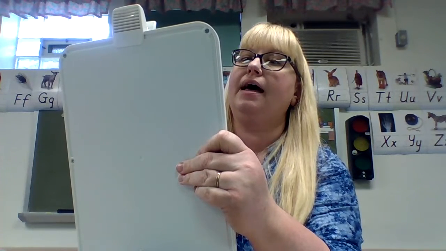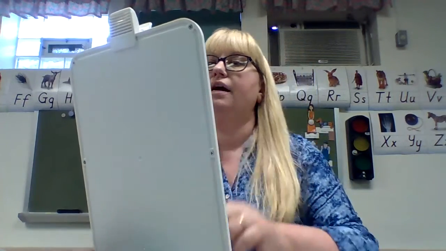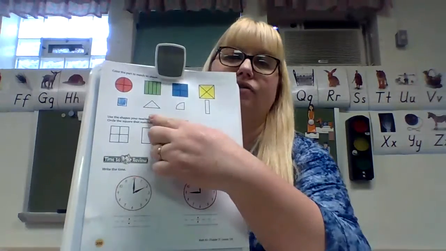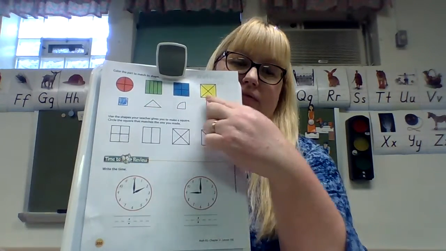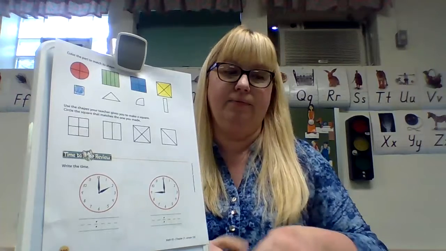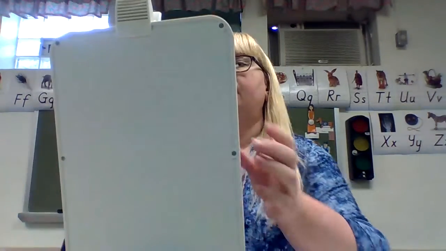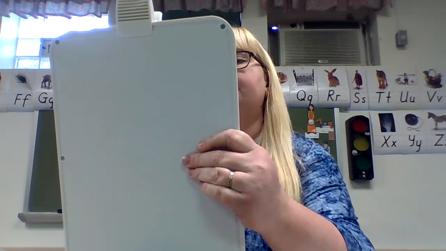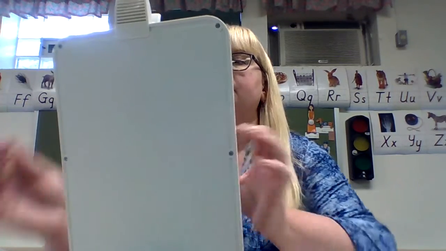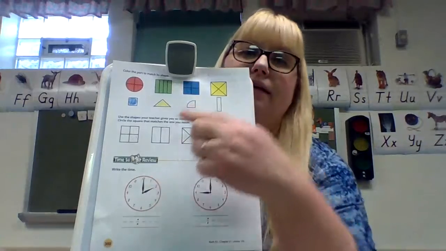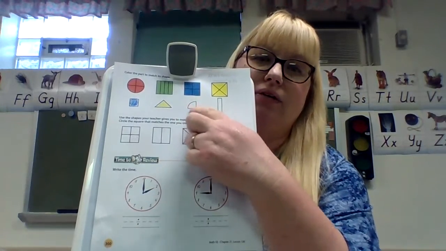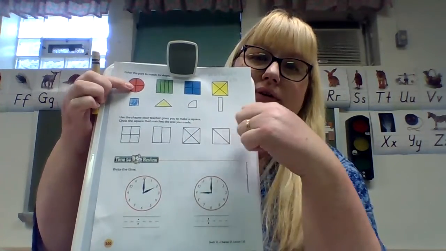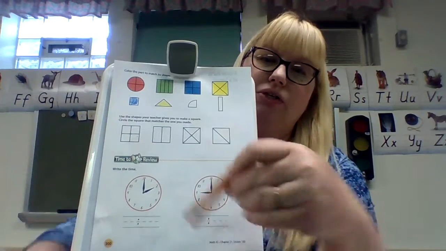Next we have the triangle. What does the triangle match? Matches over here, right? So that would be yellow. And the next one, it's part of the circle. It's kind of like a triangle, but it's rounded, huh? It would go with the circle over here. So what color is the circle? Orange.